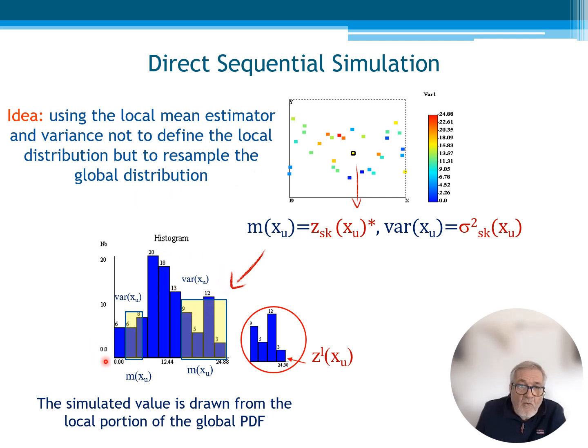Assume this is the global distribution here. After we estimate the local mean and variance, you use those two parameters to define an interval of the global distribution to resample a simulated value. Okay, this interval is centered on the mean, and the range of the interval is proportional to the variance.